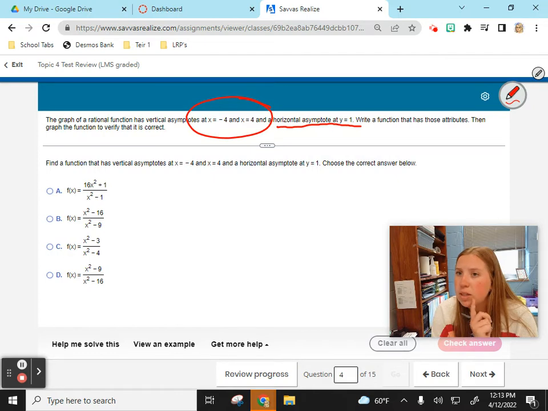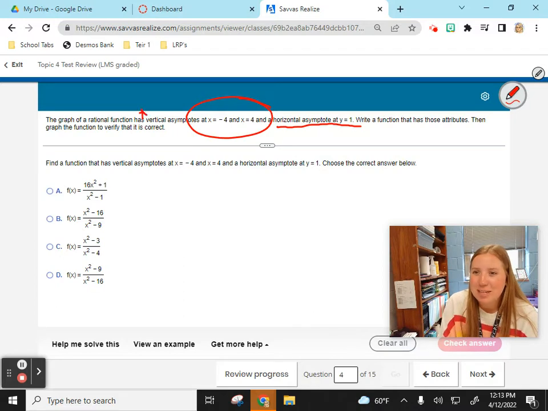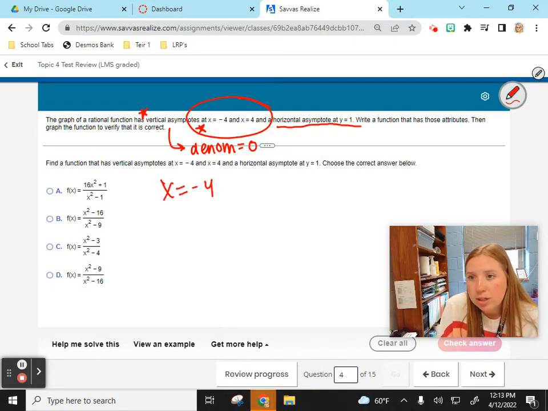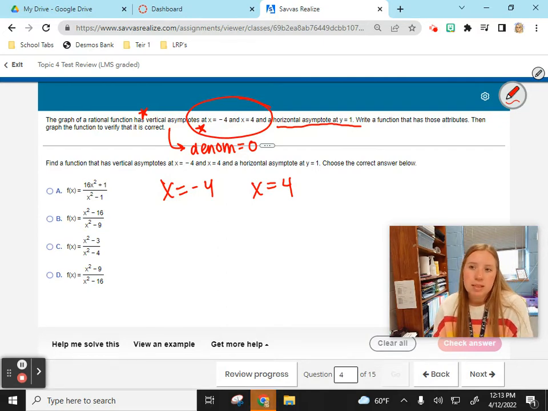So what I want to do is first start off with my vertical asymptotes, but this is different than the one we just solved in our last problem. Our vertical asymptotes happen when our denominator equals 0. So both of these equations are related to the denominator of my problem, and we can work backwards.